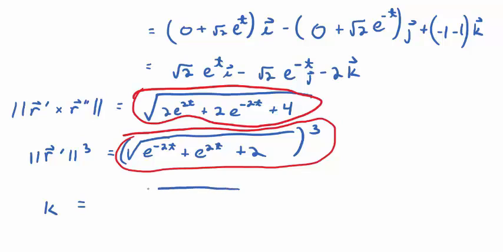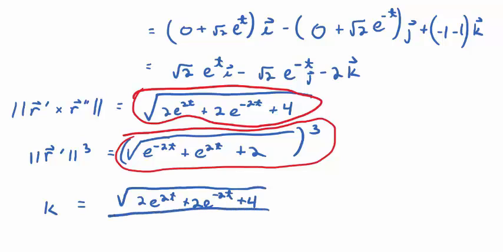So we'll take the square root of 2e to the 2t plus 2e to the negative 2t plus 4 and divide it. So that's the magnitude of r prime cross r double prime. I already said that. And then divided by the magnitude of r prime cubed would be the square root of, let me change the order here, e to the 2t plus e to the negative 2t plus 2.